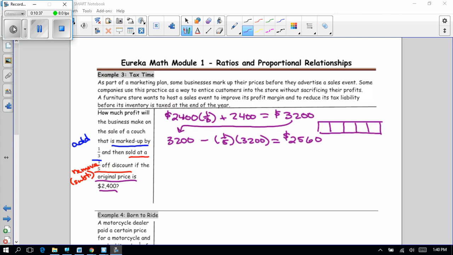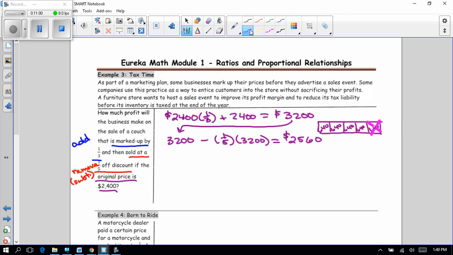That would be 640 in each one of those. If you wanted to do it with a tape diagram, right, we're going to remove one of those 5. 1, 2, 3, 4, 5. Move that 5th one off. And then you would get your 2,560 that way. All right, so you can do it that way as well.